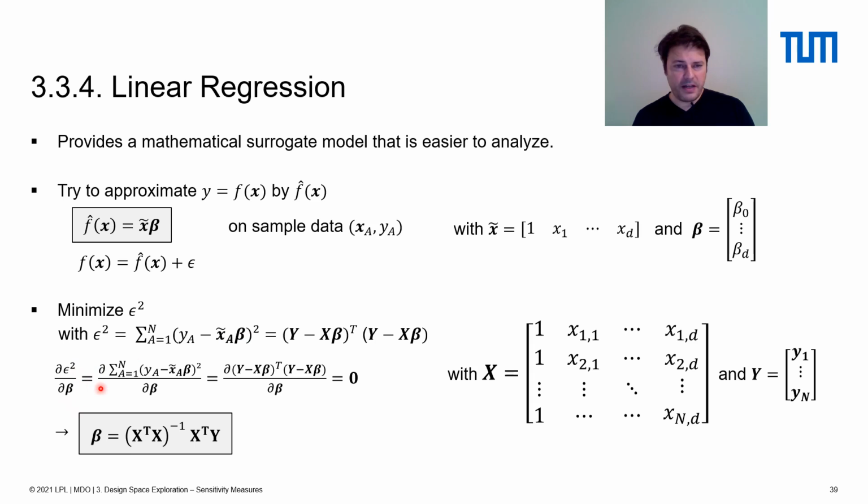So minimizing the error squared with respect to beta, the coefficients that we're after, that we would like to adjust such that our regression model performs well, will give you this expression. And if you carry out the differentiation with respect to beta, you come up with this.